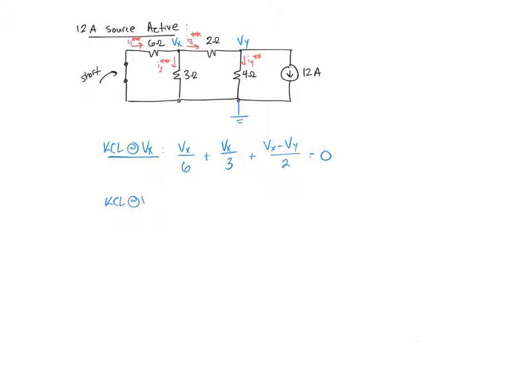Next, KCL at Vy. First, the current through the 2 ohm resistor, Vy minus Vx over 2. The current through the 4 ohm resistor is Vy minus 0 over 4. And there's a 12 amp current coming out of that node, so plus 12. That must equal 0.